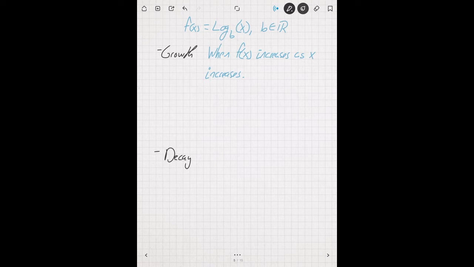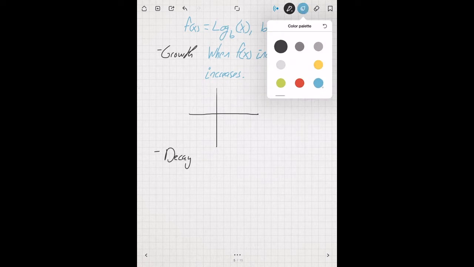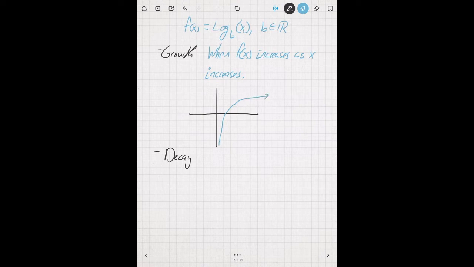This kind of bending up and then kind of horizontally shape is going to be a new one that we're working with. So let's go ahead and say it kind of does this. So we can say as x increases, so does our output. This occurs when b is greater than 1. That's when we have growth.